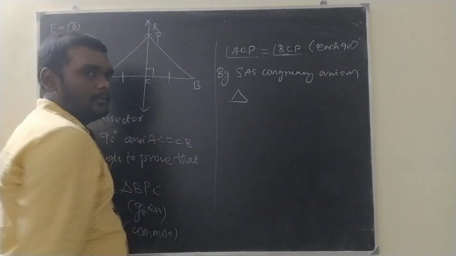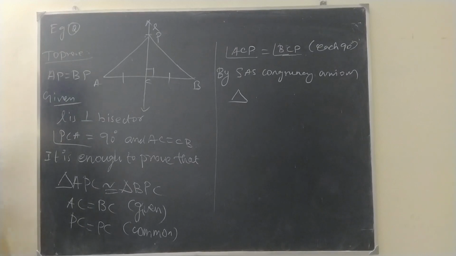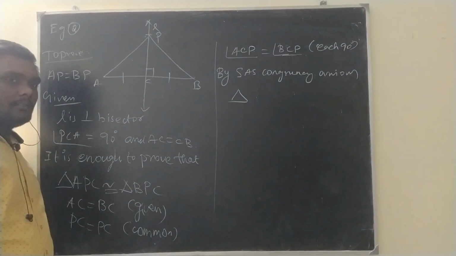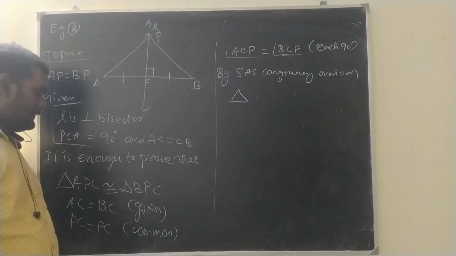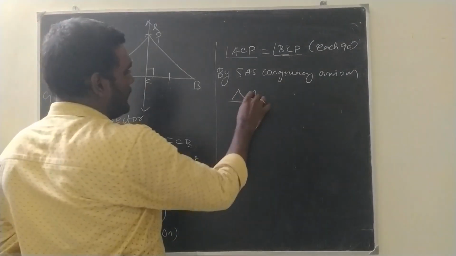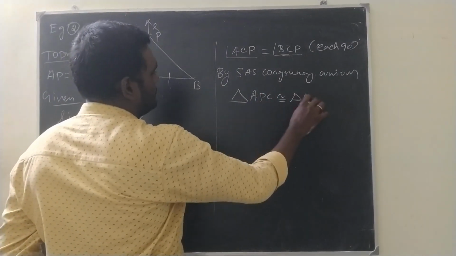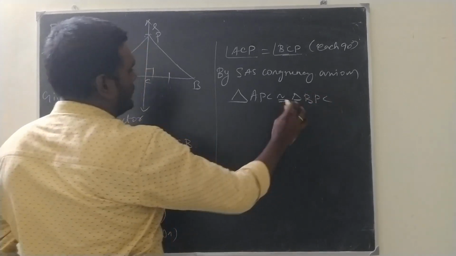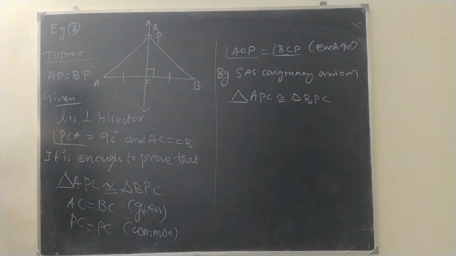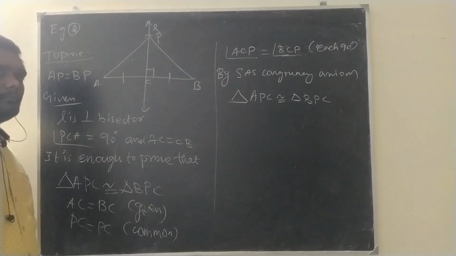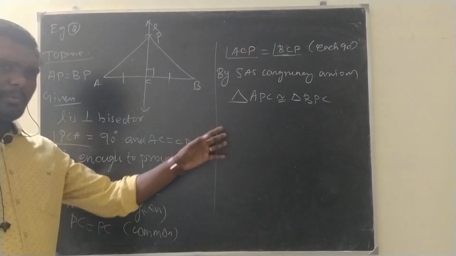Now comes the very important part. We should write the corresponding sides without any mix-up. So triangle APC is congruent to triangle BPC. Is that what we need to prove?